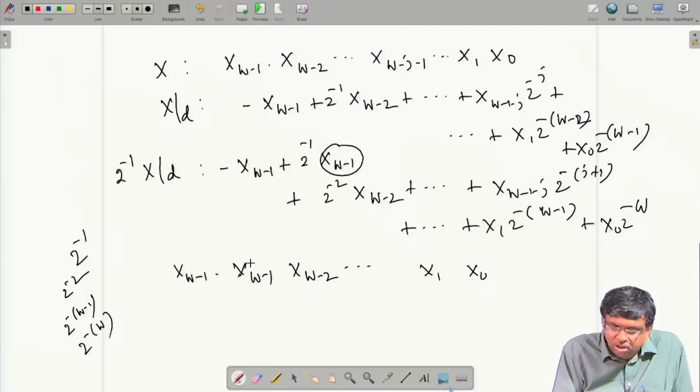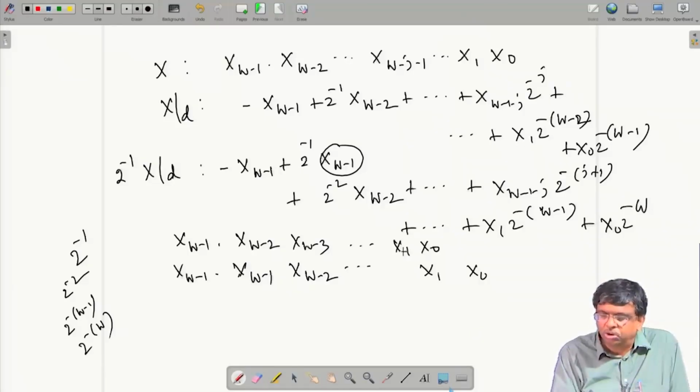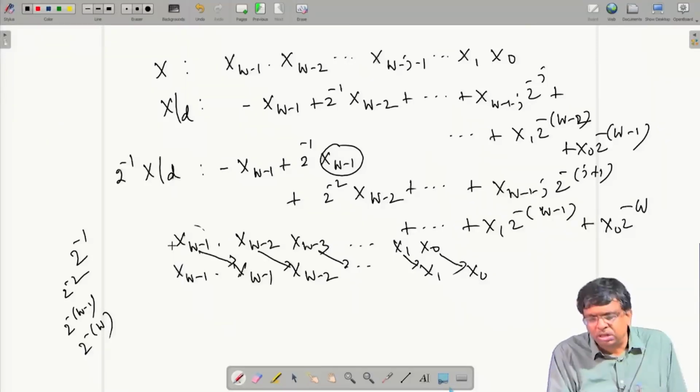This is the word whose decimal value is this under the 2's complement system. What is this word? This was the original word, a w bit word. What has happened? Every bit got shifted to the right by 1, and this is what is called the sign bit. Why is it the sign bit? I forgot to mention.